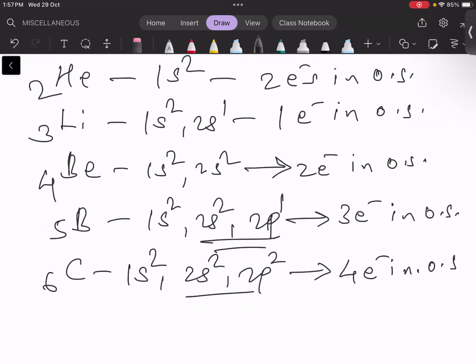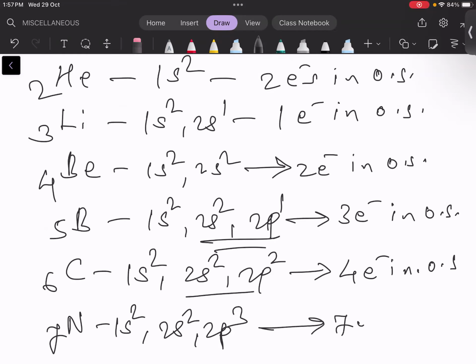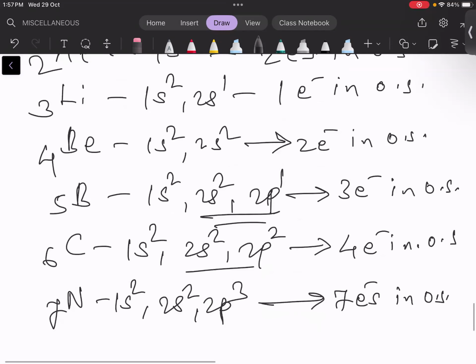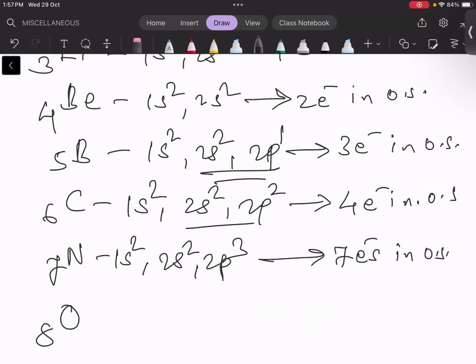Then nitrogen 7, 1s2, 2s2, 2p3. So 2 plus 3, 5 electrons in outermost shell. By mistake, I wrote 7 electrons. Actually, there are 5 electrons. Then oxygen atomic number is 8. So its electronic configuration is what? 1s2, 2s2, 2p4.